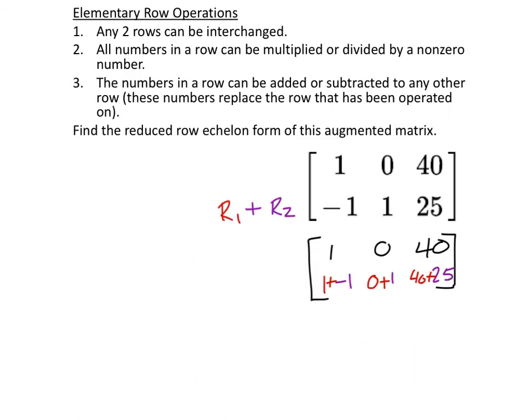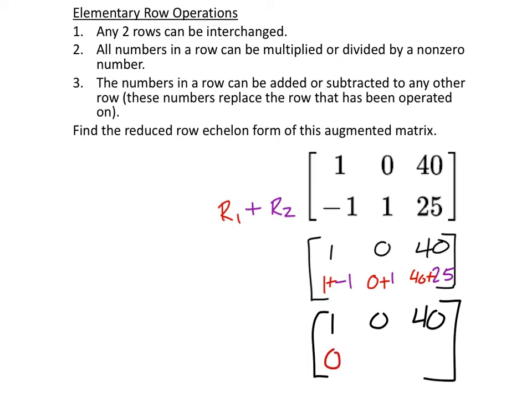So what we've just done is I used the third rule, the third elementary row operation. I took one row and I added it to another row. That's it, okay? Now that gives us a new matrix, and I have these values now. 1 plus negative 1 is 0.